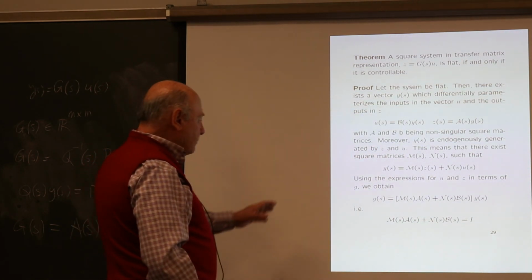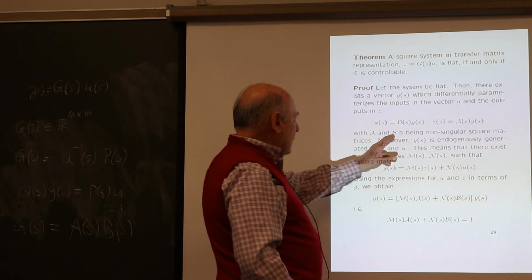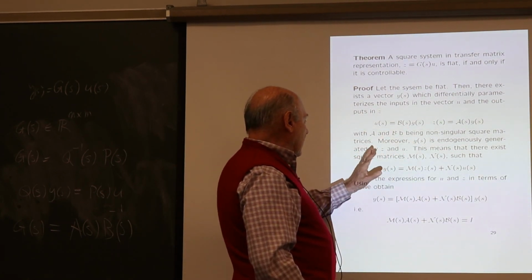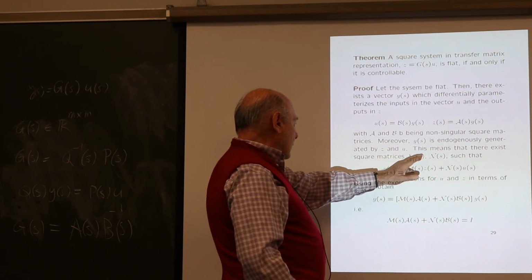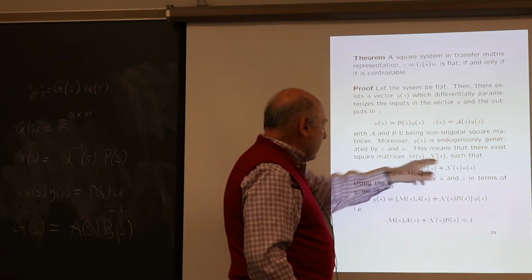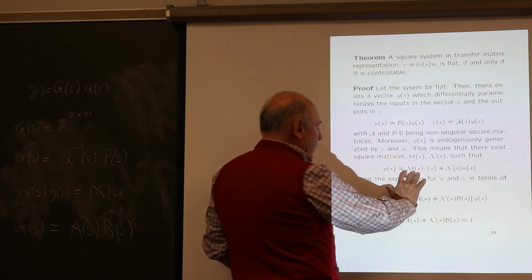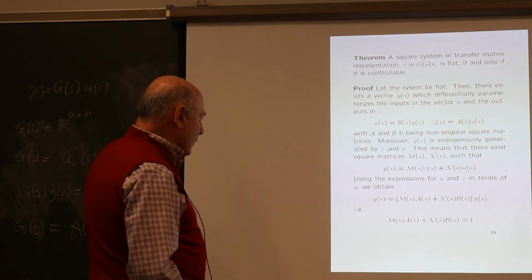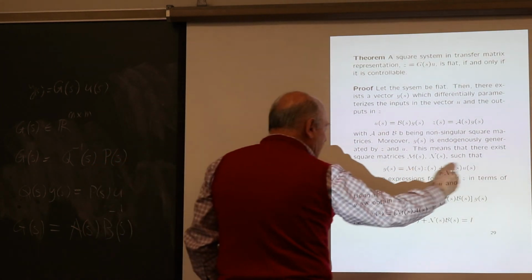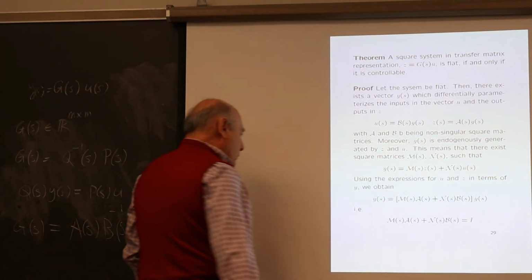If you have that, then if A and B are non-singular square matrices, then you can find square matrices M and N so that you have a left coprime representation of the output in terms of the inputs and the outputs.